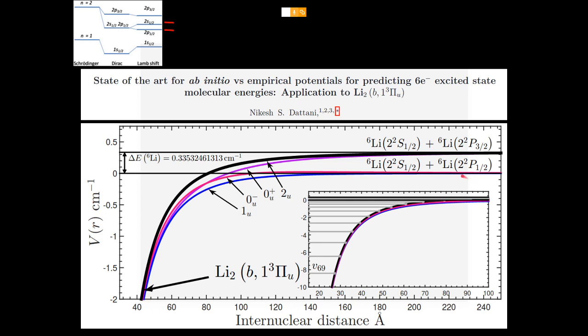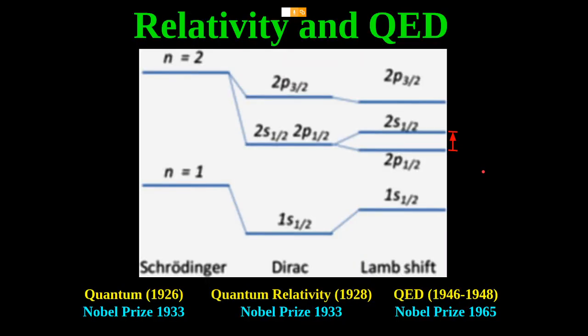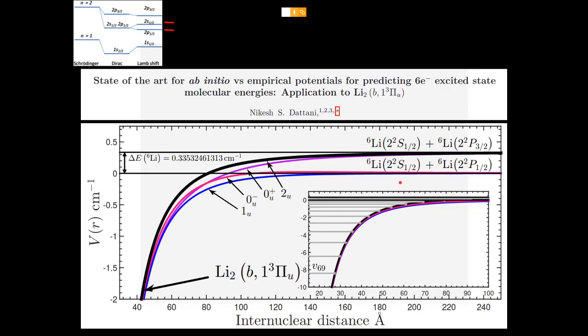Though if there's an energy for S and an energy for P, for lithium in the S state and lithium in the P state, then why is there a difference between these two? And the reason is because this is P3 halves and this is P1 half. So for the lithium atom, this is analogous to the Lamb shift that was observed in hydrogen over here. And you can see that there are 4 different molecular states here, 2 of them going towards this one and 2 of them.